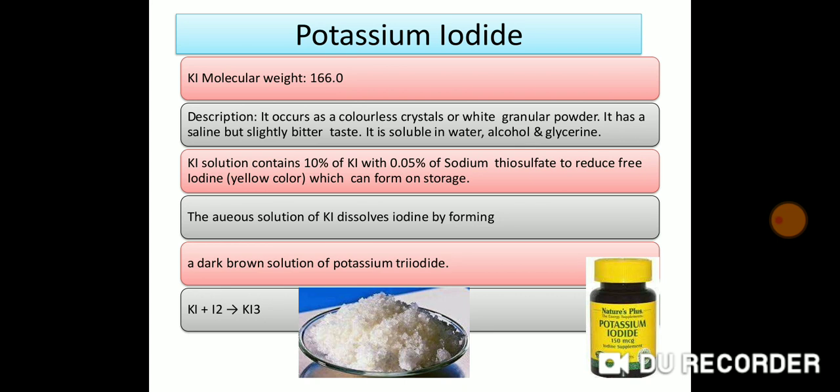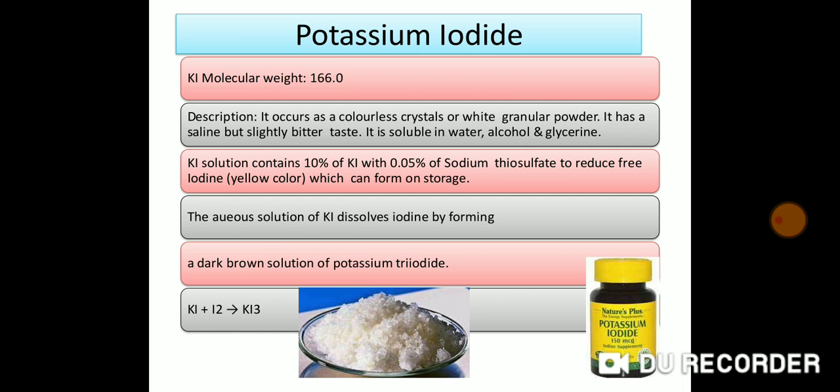Potassium iodide solution contains 10% of potassium iodide with 0.05% of sodium thiosulfate to reduce free iodine, which is yellow in color and can form after storage.